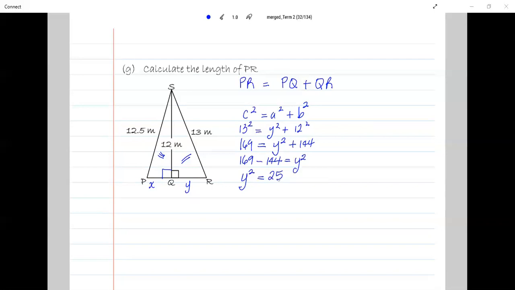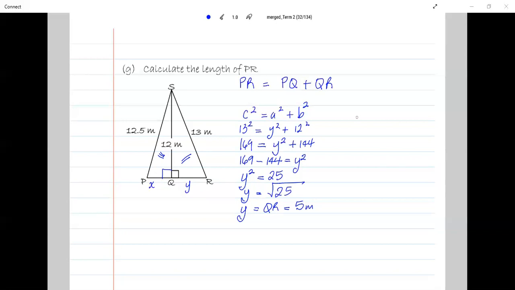The opposite of square is square root. So Y would be equal to the square root of 25. So Y, which is QR, would be equal to 5 meters. All right, let's find now the length X.